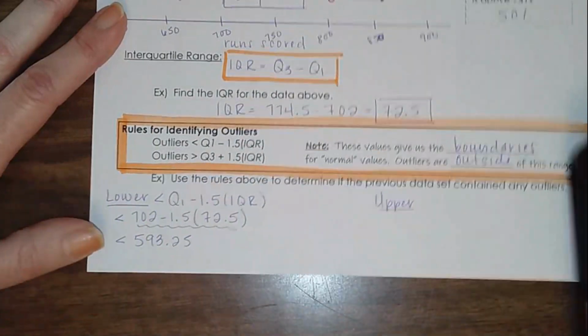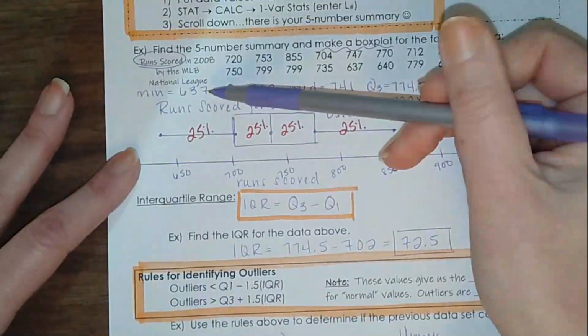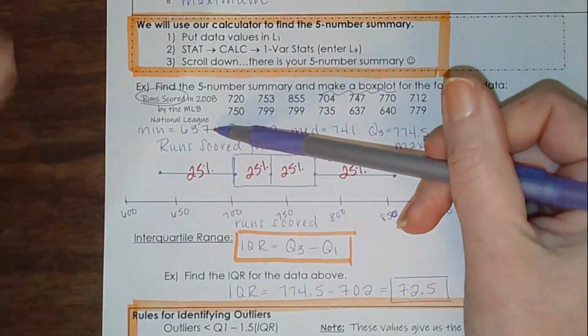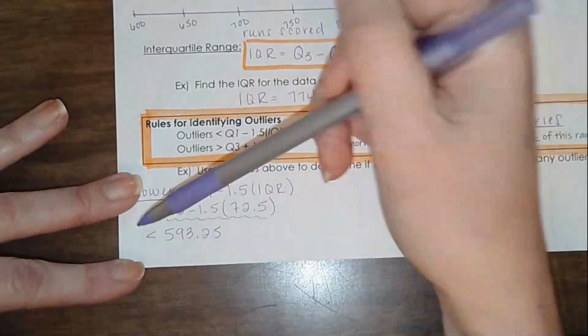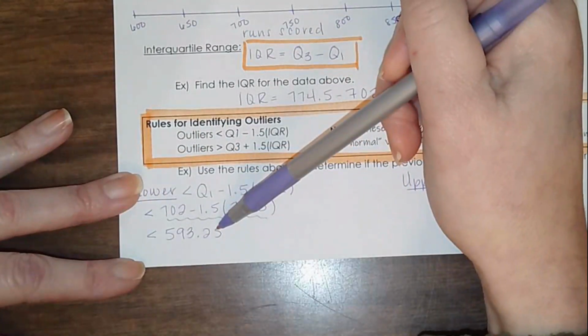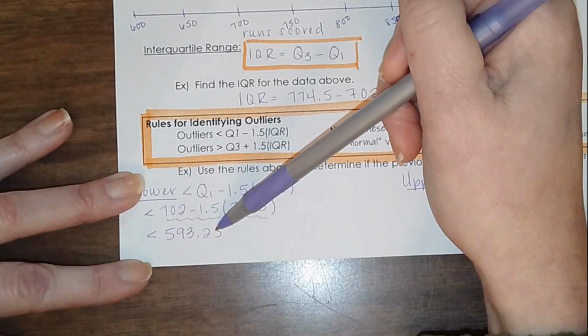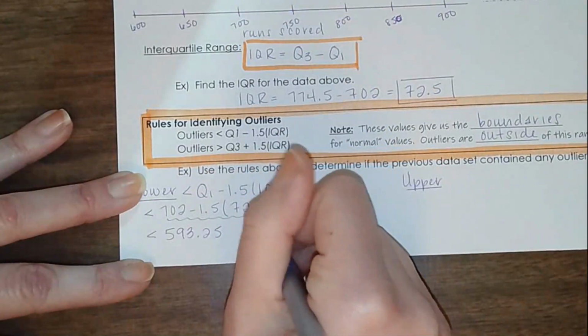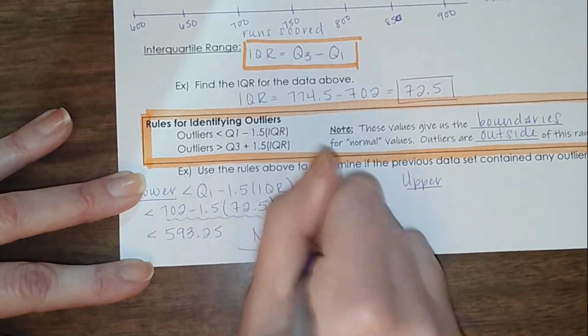Look at your minimum for the data set. Your minimum is 637. Therefore, are there any numbers in our data set less than 593.25 if your minimum is 637? Nope. So outliers in the lower direction, none.